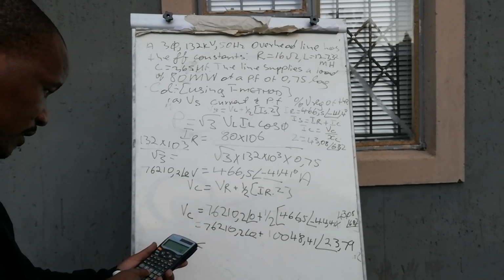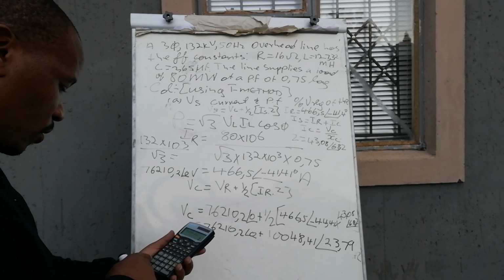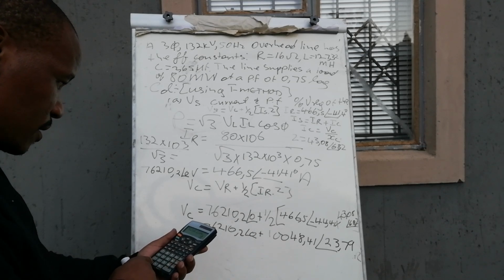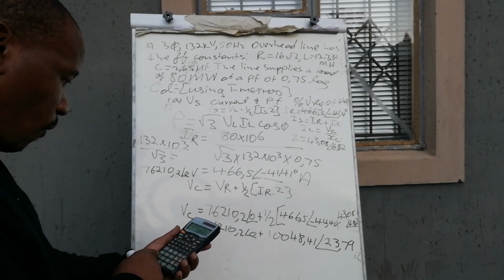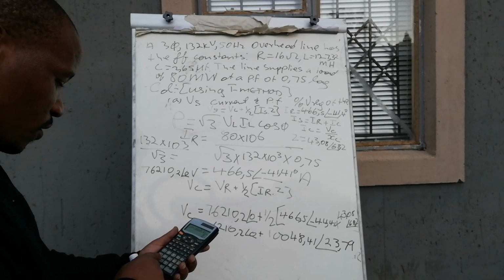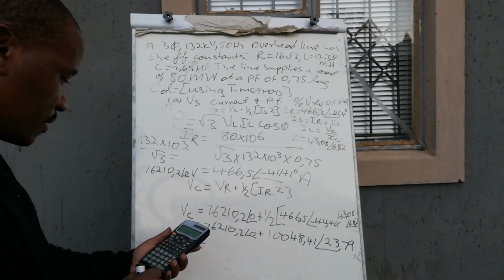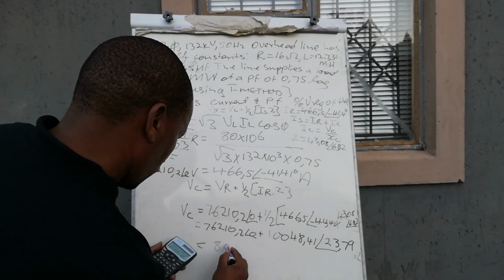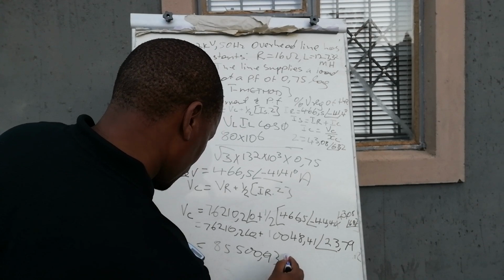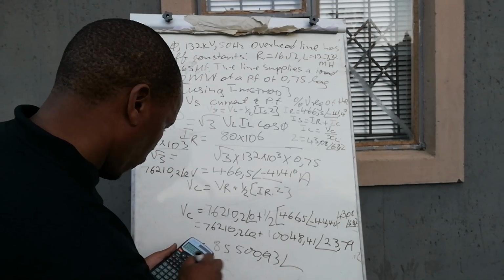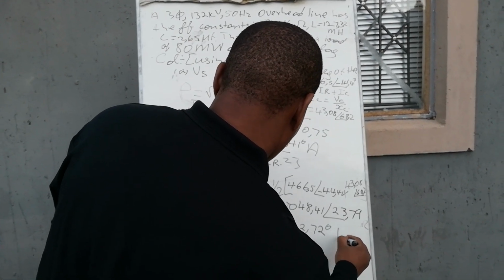It's going to be 76,210.2 angle of 0 plus 148.41 angle of 23.79. Answer: 85,500.93 angle of 2.72 degrees volts.